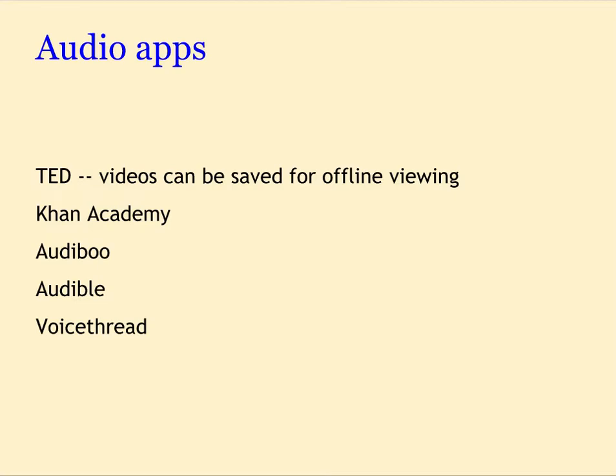There are other tools providing listening material. Audio Boo, for example. Then there's Audible, that is the Amazon listening material, so books read. There's VoiceThread for creating your own stories and uploading material. Lots and lots of these kinds of materials available.